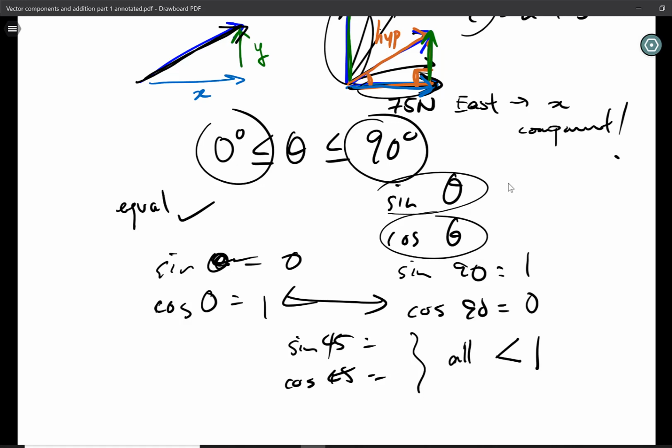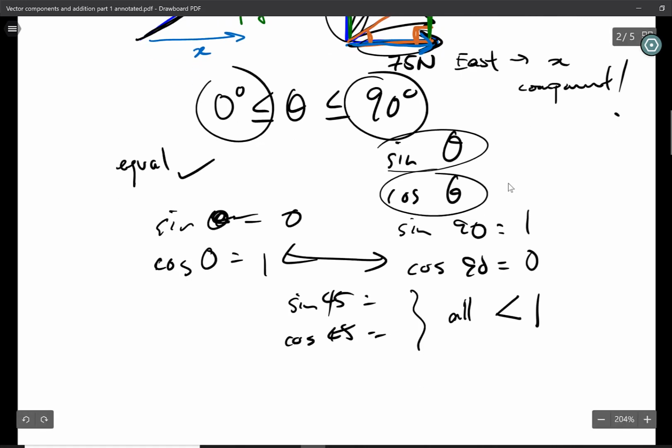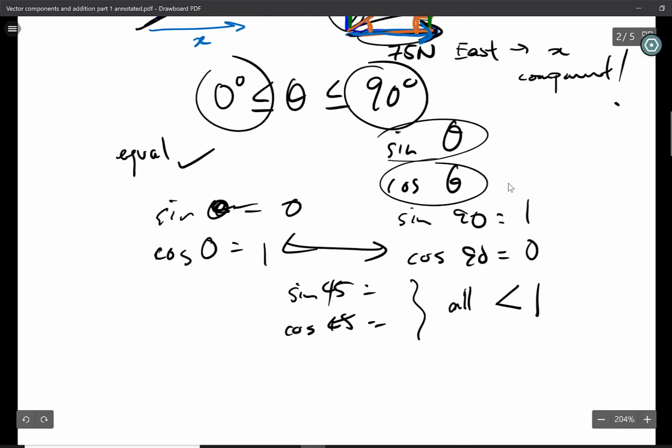So notice, if you have a number that is less than 1 and you multiply that by the original vector, which in our last case was 75 newtons, you're going to get a number that is less than 75 newtons.